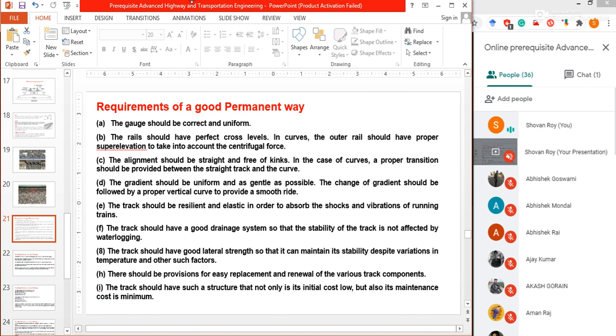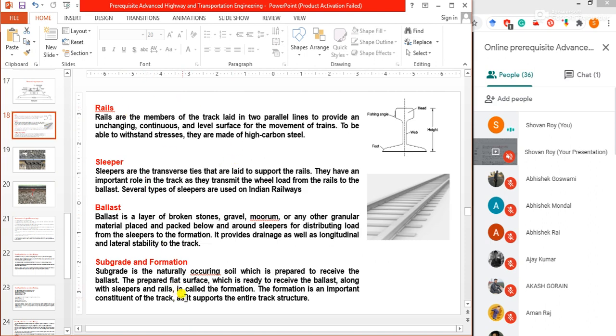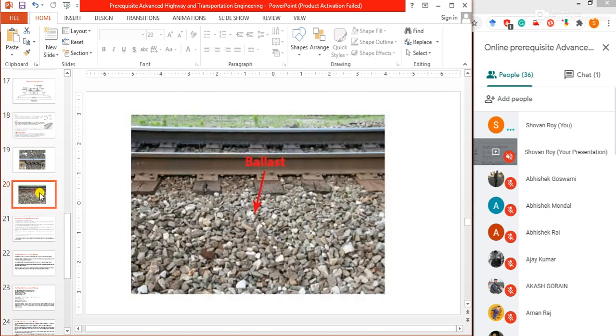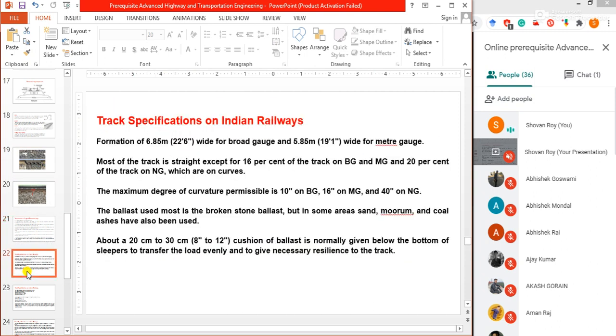The track should have a structure where not only the initial cost is low, but also the maintenance cost is minimum. And after these requirements come the permanent way components: rail, sleeper, ballast, subgrade, formation, fish plates.